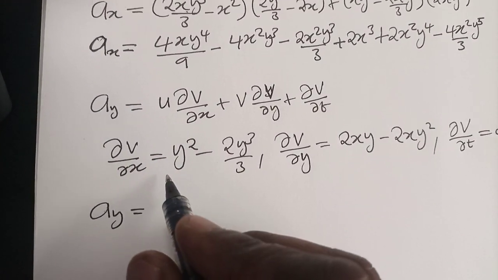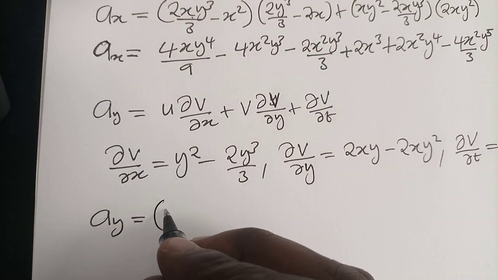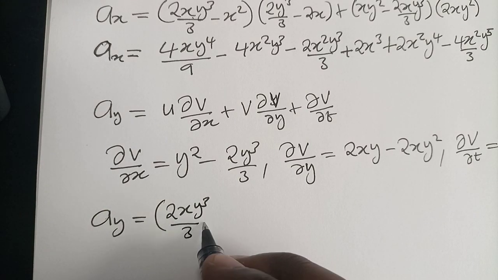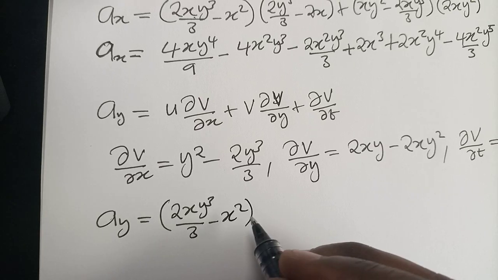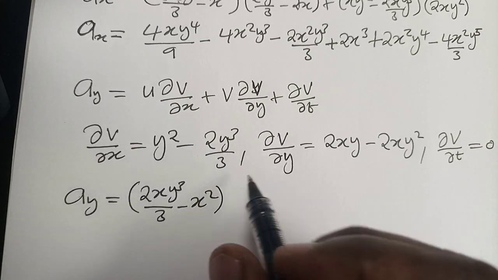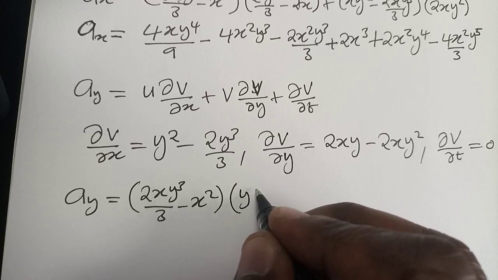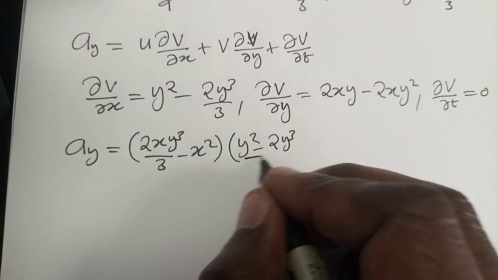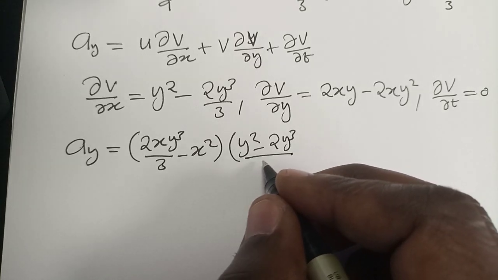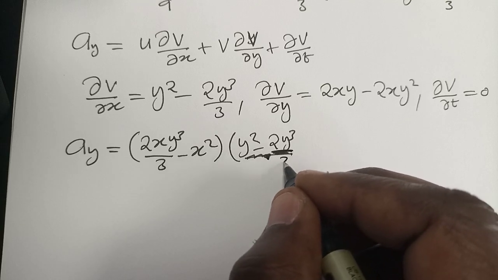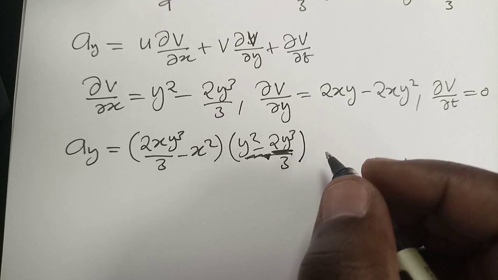Substituting them back, our acceleration component along y will be given by, what is our u? Our u is 2xy^3 over 3 minus x squared. And then the first partial derivative is y squared minus 2y^3 over 3, where the over 3 is only for the second term.